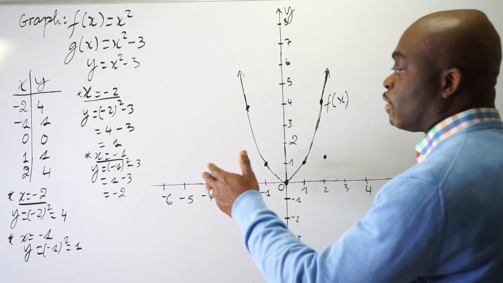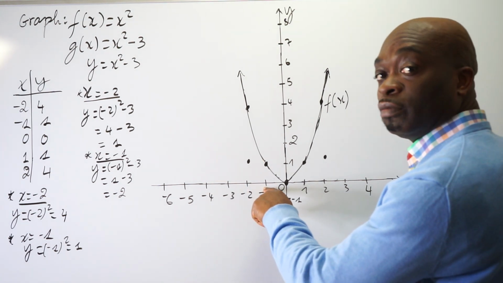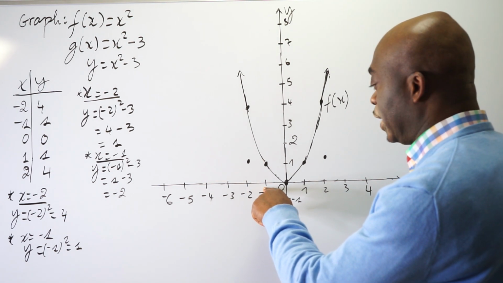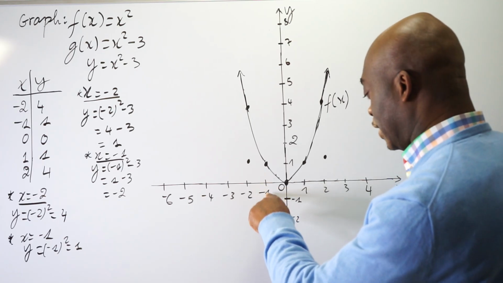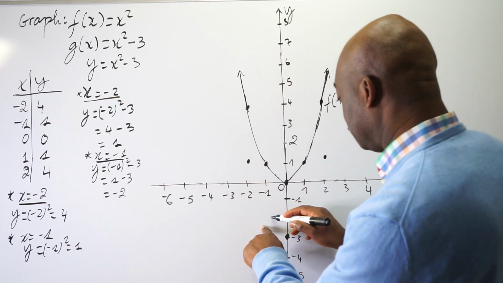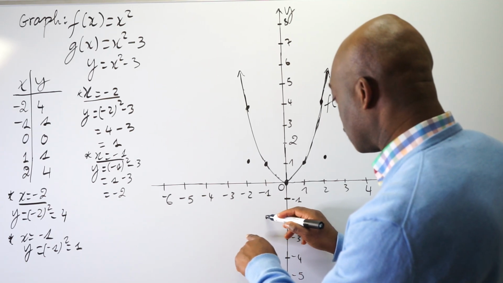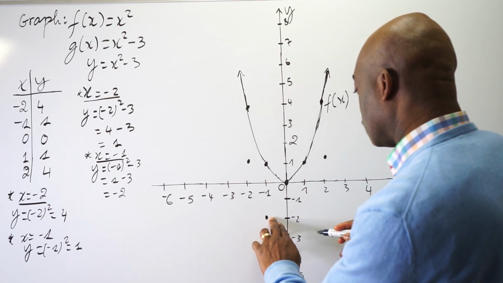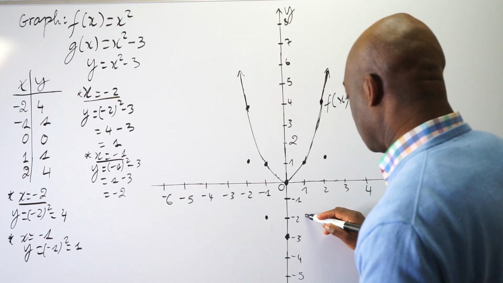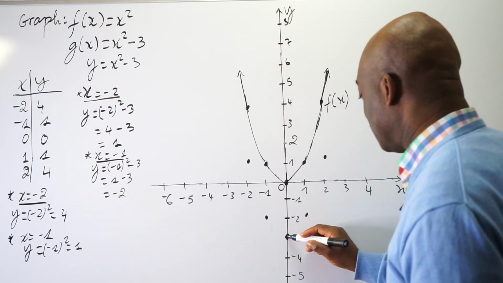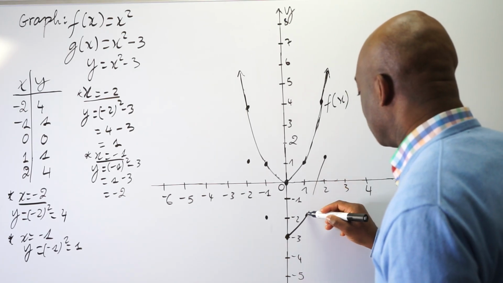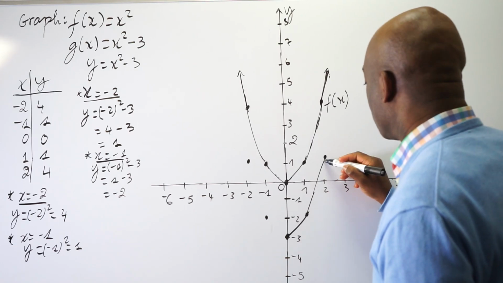So if x equals negative 1, then y equals negative 2. So negative 2 for y is going to be here. Here also. And then, ladies and gentlemen, you are ready for your new graph.